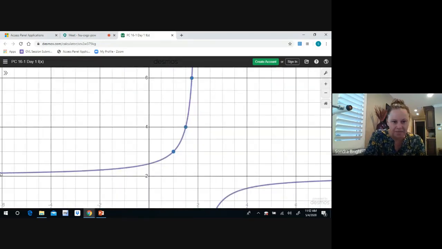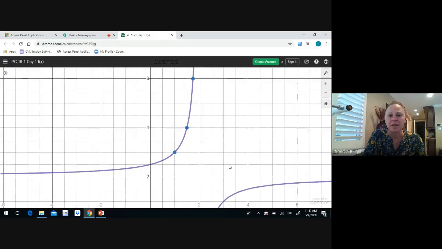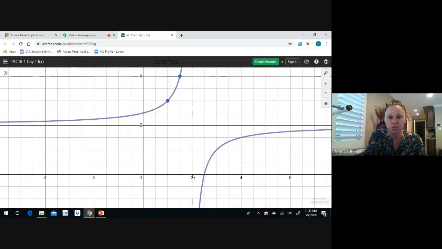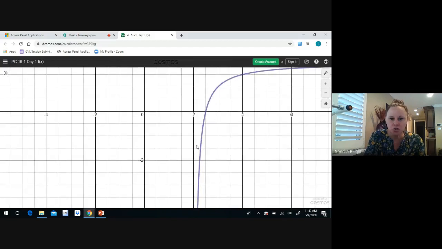If I'm coming on this ride, I'm zooming up to very large positive numbers. On the flip side, if I'm approaching x equals 2 from the right, coming this way, my y values are getting super duper negative, large negative values, right?